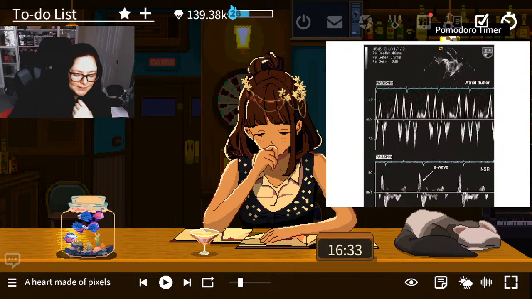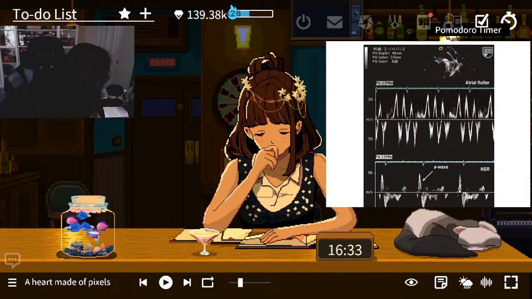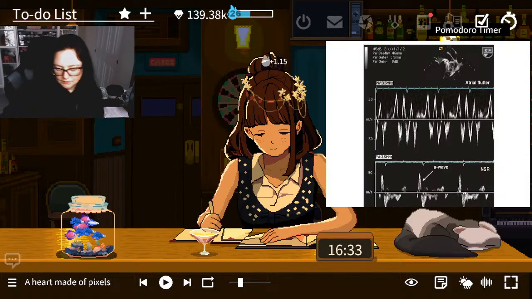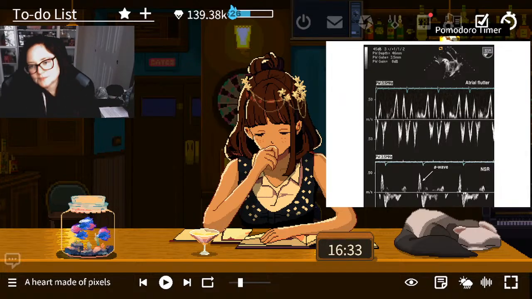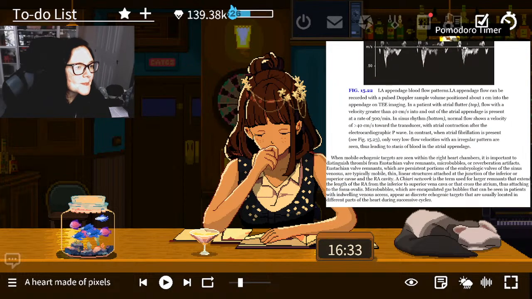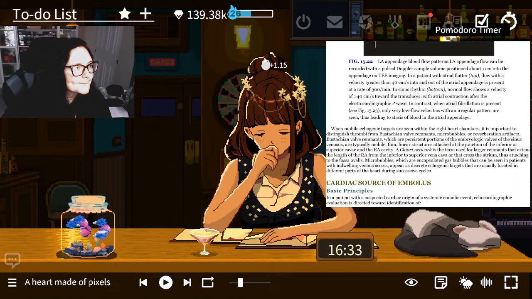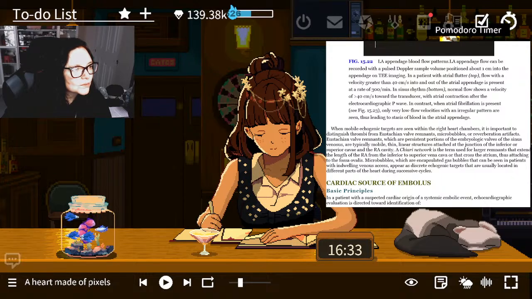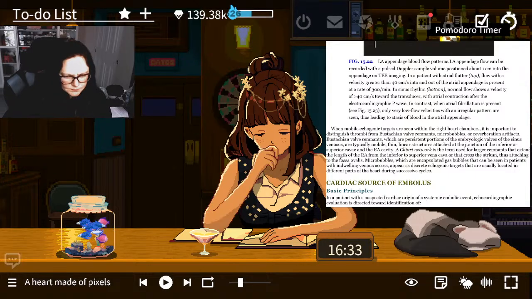Oh boy. Oh, that's an atrial appendage, but I don't know which one. Could be the right or the left.